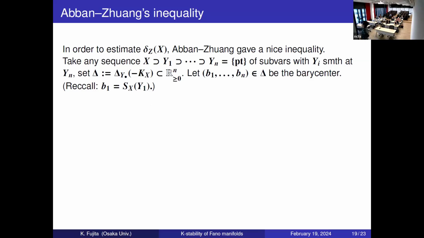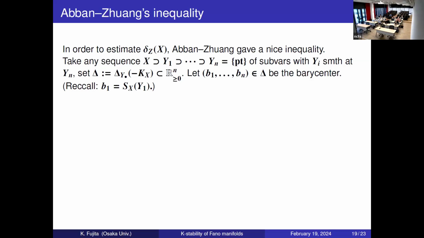Let us consider the Okounkov body of minus K_X with respect to the flag Y_i, and take the barycenter to be (b_1, ..., b_n). As I explained, the first coordinate of the Okounkov body is nothing but the S invariant of the first one, that is Y_1.